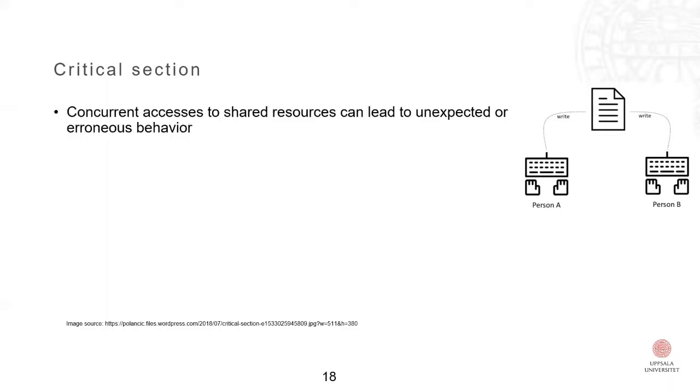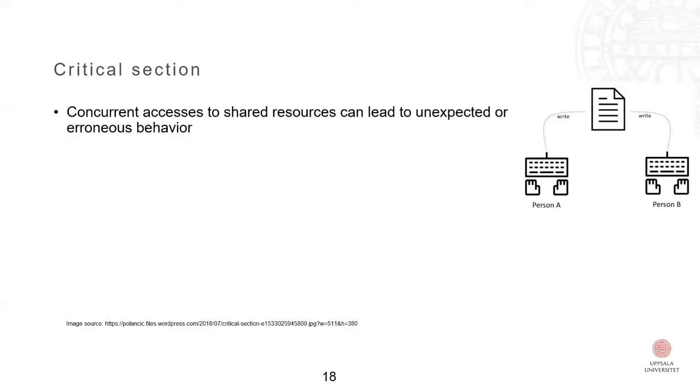So for this purpose, there are several things that operating systems and programmers need to take care of so that data races don't happen. In order to solve this problem, we first need to introduce something called critical section.